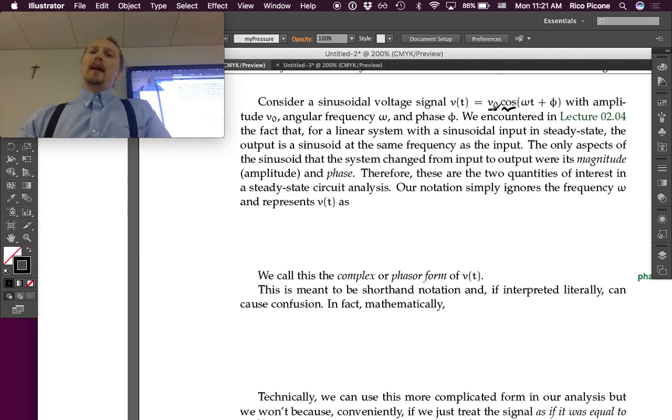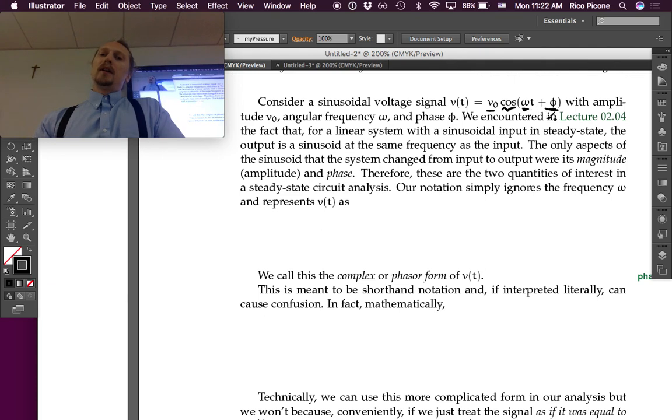So it has some amplitude V0, an angular frequency omega, and some phase phi. That is a sinusoidal voltage, something that we care quite a bit about.